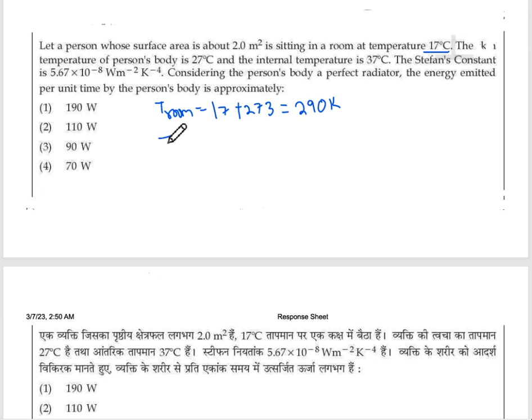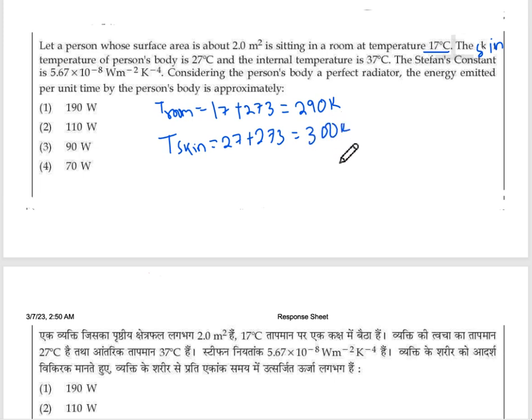Next, the temperature of the skin of the person's body is 27 degrees, which is 27 plus 273, which is 300 Kelvin.